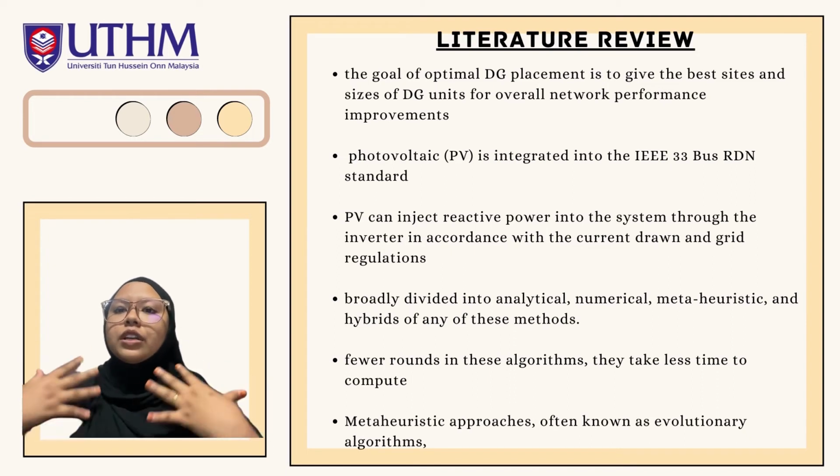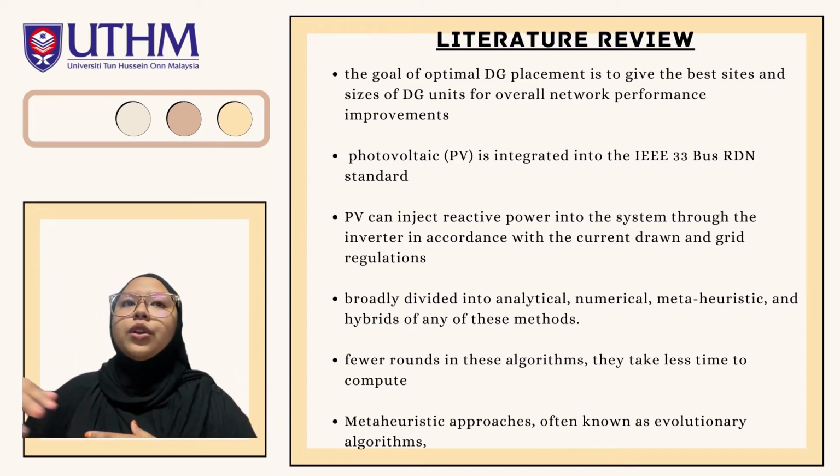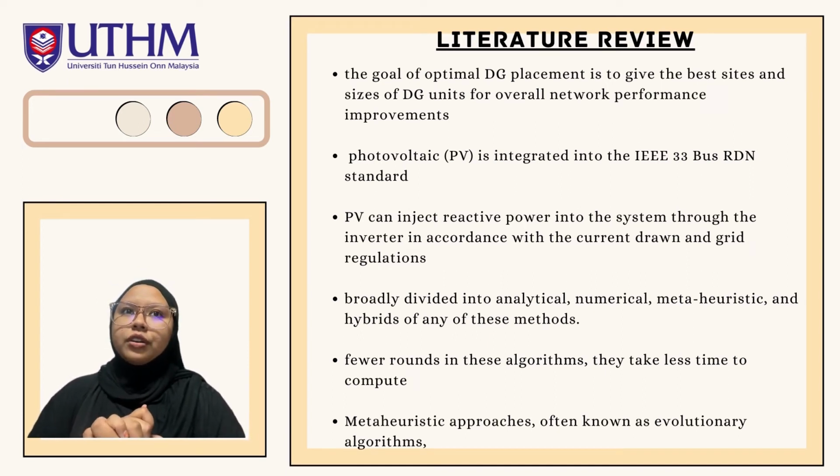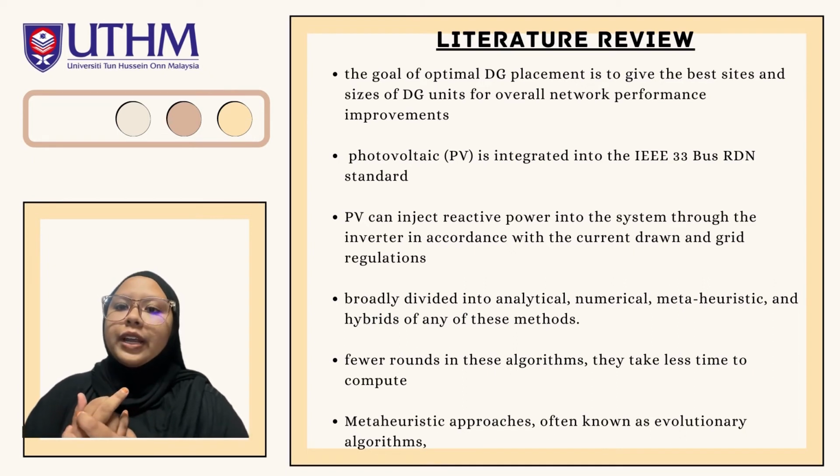Next is the literature review. From the research and review that we have made, we know that the goal of optimal DG placement is to give the best size and sizes of DG units for overall network performance improvement, such as increased dependability, minimal active power losses, improved voltage profile, lower operating costs, environmental sustainability, and so on.